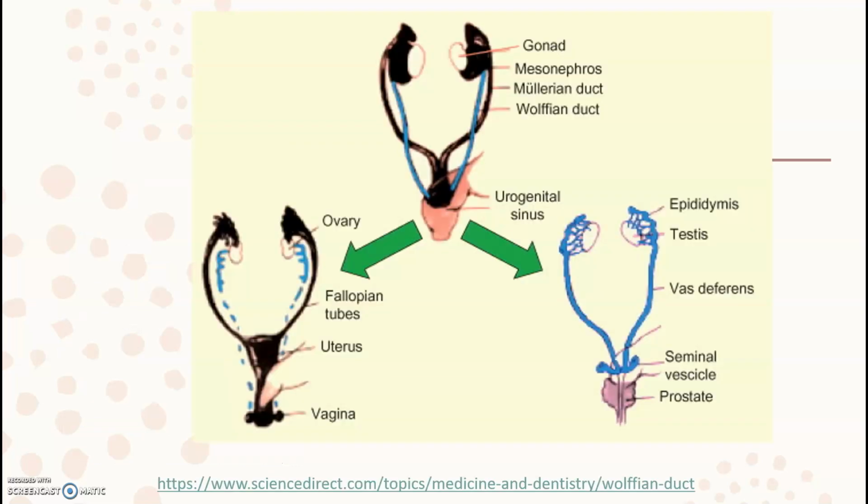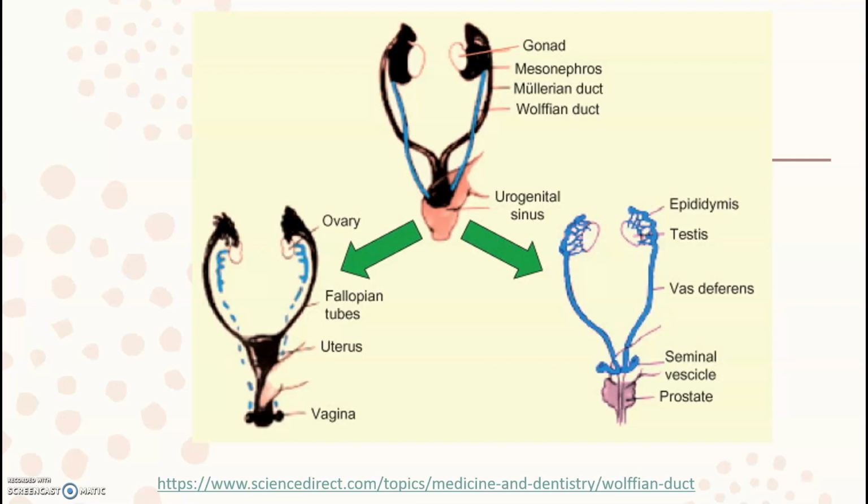I was really talking about these ducts, and I think it's really important because this is the basis of all of our reproductive organs. In the middle of this picture, it shows in black the Müllerian duct, and in blue the Wolffian duct, and then you see the gonads at the top. If you look to the left, you see that the Wolffian duct is disintegrating, and that's because we do not have AMH present.